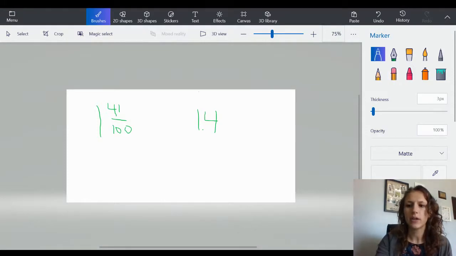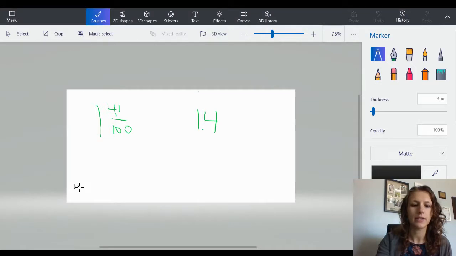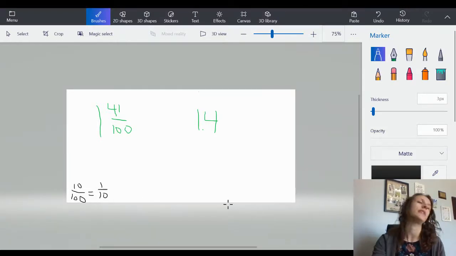It's very important that we remember throughout this that 10/100ths is the same as 1/10th. We can do that by using our identity property, and it's important because we always want to have the same or similar units so it's easy for us to compare.